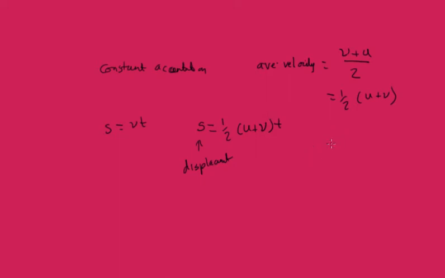Now, let's look at a couple of examples of how this works. So, a parachutist falls from rest to 49 meters per second over 5 seconds. What's the acceleration?